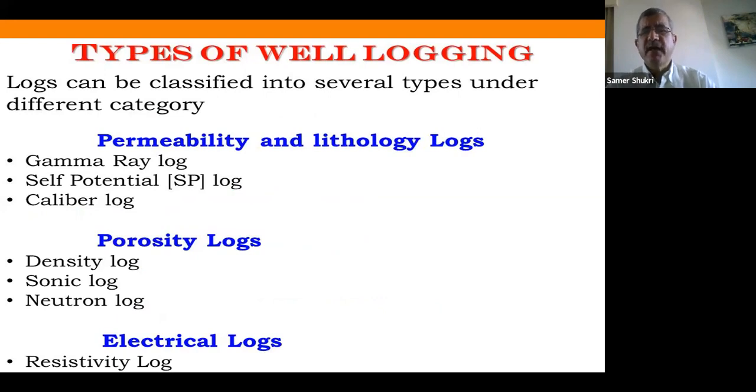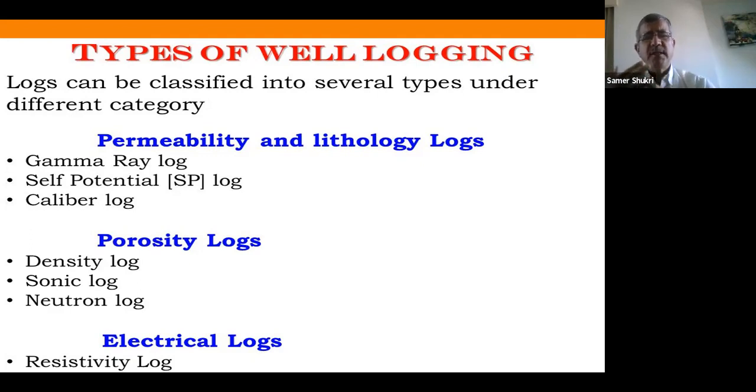Logs can be classified into several types under different categories. We need the permeability and the lithology logs. We can use gamma ray log, self-potential, SP log, and caliper log. These are three main types in the whole world.